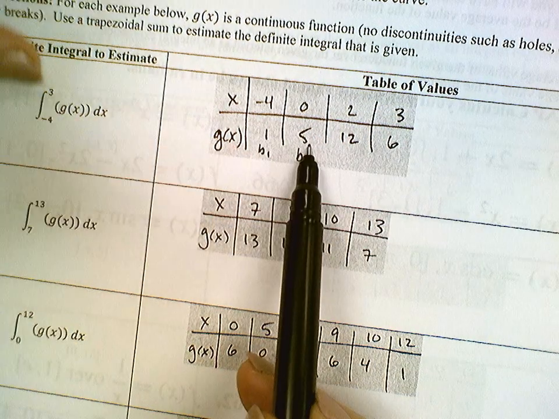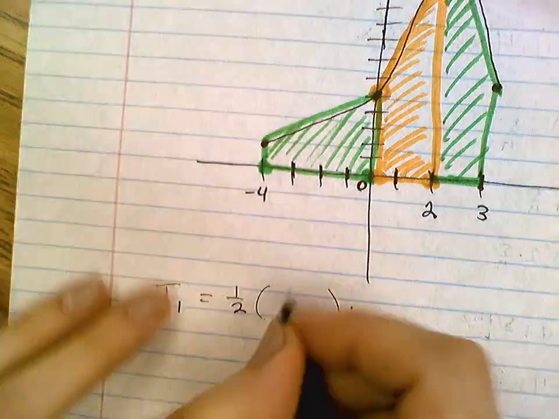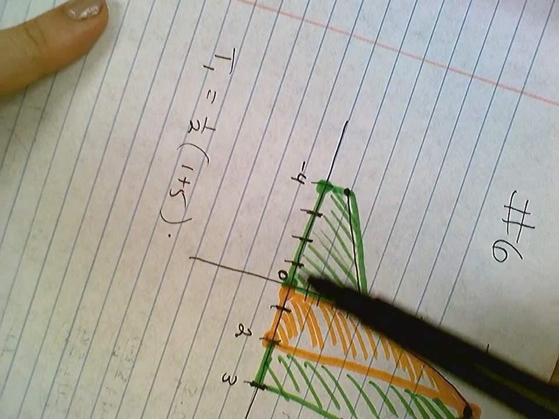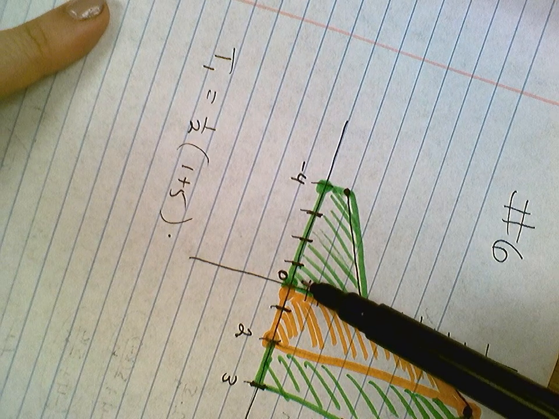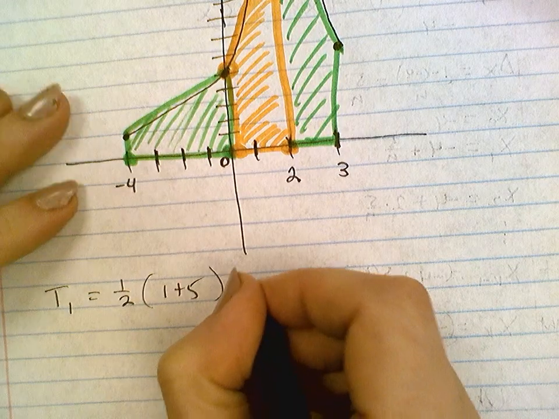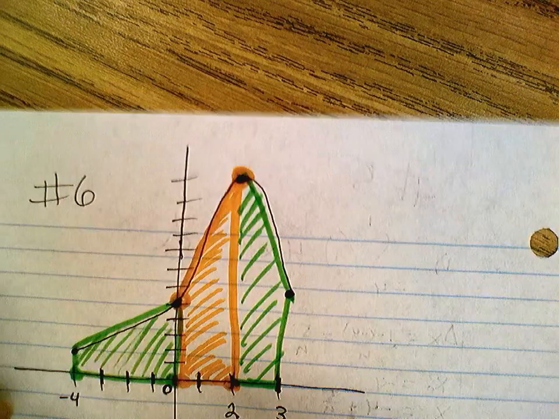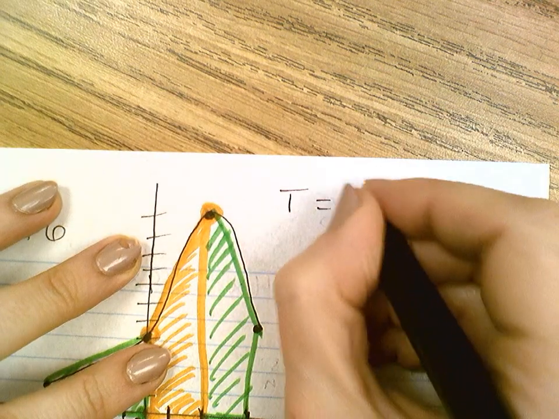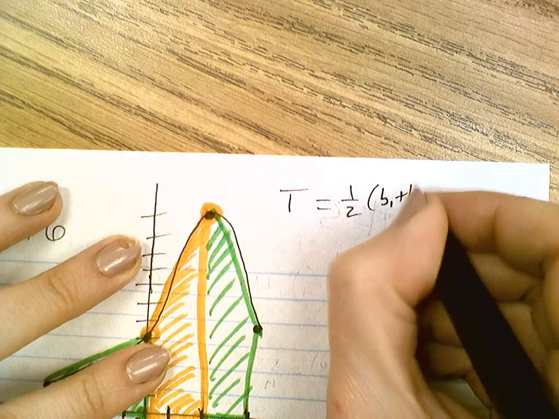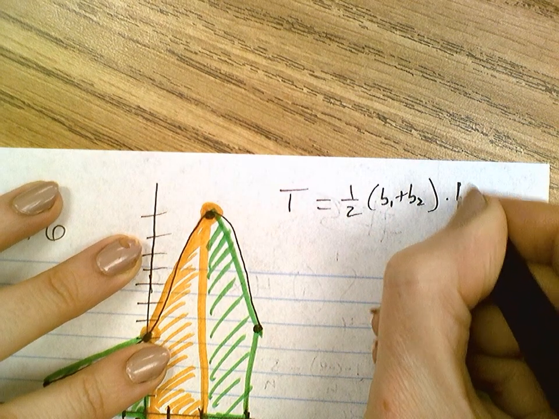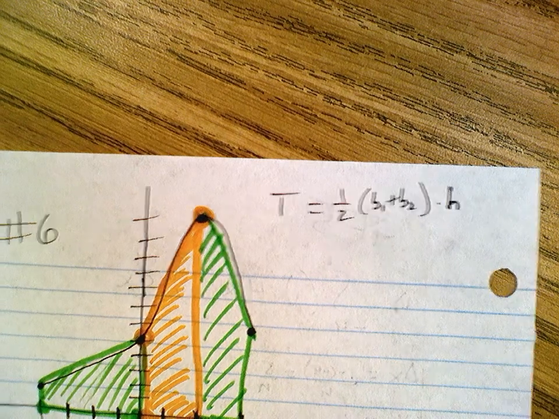So 1 plus 5, and then the height of the trapezoid is this, which is 4 units, times 4. Okay, because the trapezoid area is 1/2. All right, this is the formula that I'm using.